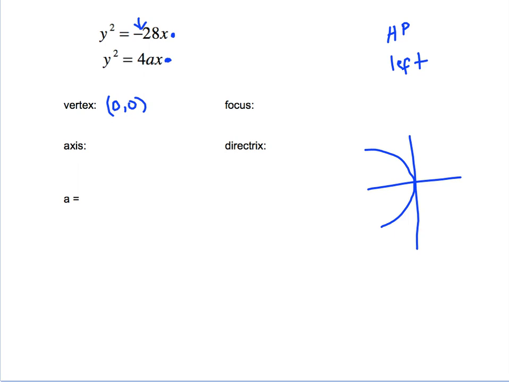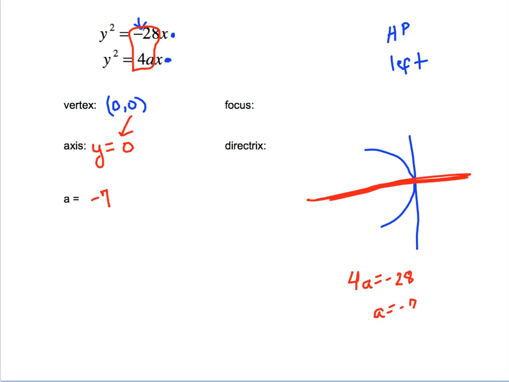Also, because it's facing that way, your axis of symmetry is this line. And what kind of line is that? That is a horizontal line, and that's why your axis is y equals 0, because it's the x-axis in this case. To get a, I should line up 4a with negative 28 and solve that equation. 4a equals negative 28, divided by 4, and a equals negative 7.